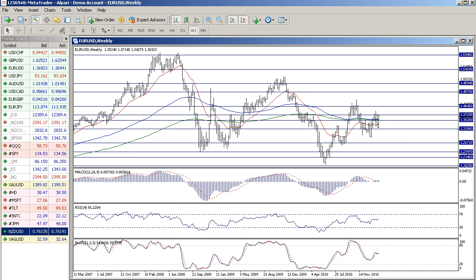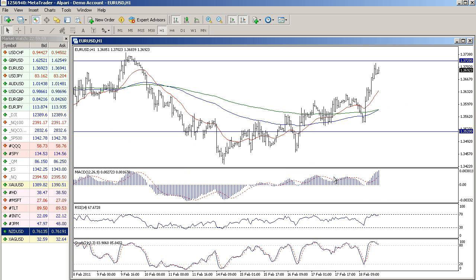The weekly chart also remains positive for European currency here. And going back to the hourly chart, you can see a nice base here for most of the last week, and it's not a very well defined base, but then the euro moved above 135.40 level, 40 or 50 level, and then spent some days consolidating above this level, and eventually it advanced strongly on Friday.